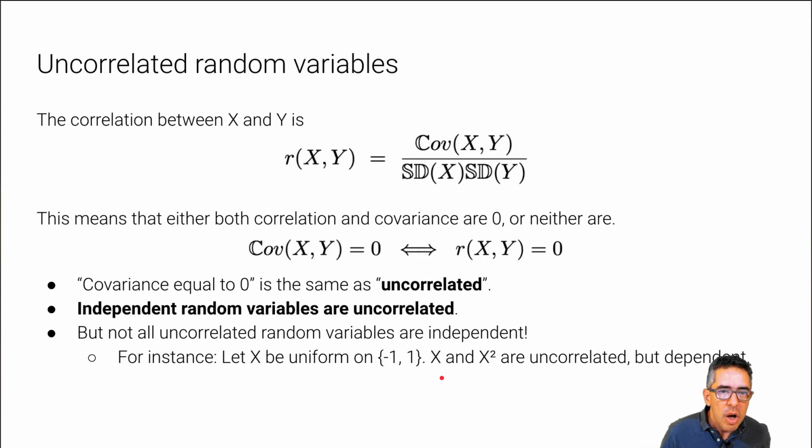So what does it mean for two random variables to be uncorrelated? If this is our definition of correlation, two random variables are said to be uncorrelated when their covariance, or equivalently, their correlation is equal to 0.